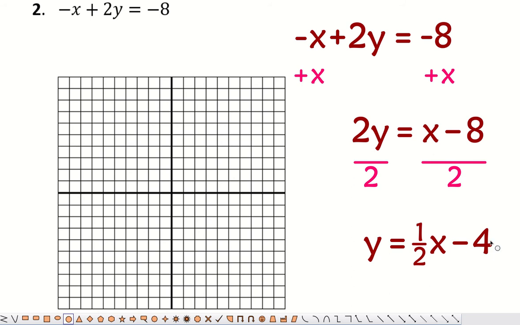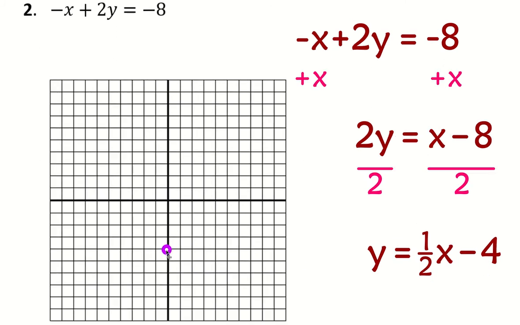So it looks like our slope is 1/2, but remember, we always begin with b, the y-intercept. And so that's going to be at negative 4. Okay? And then our slope is 1 over 2. Positive 1 rise, positive 2 run.